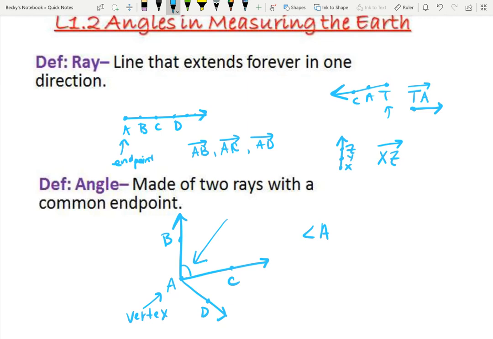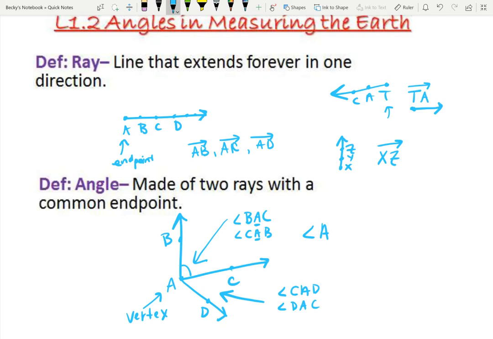So I could name this one angle BAC or CAB. Either way is perfectly fine. The middle letter has to be the vertex. So let's name this little angle. Remember, the vertex has to stay in the middle, so it could be CAD or DAC. Either one's perfectly fine.